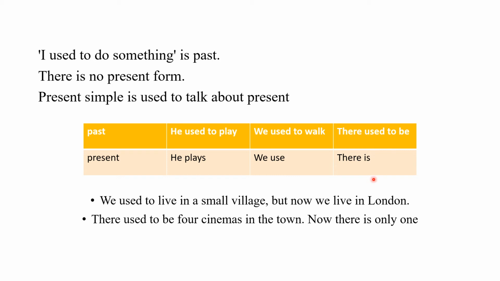Let's have this example. We used to live in a small village, which was a past condition, but now we live in London. Similarly, there used to be 4 cinemas in the town, but now there is only 1. So, for a present activity that is continued, accustomed or habitual, we use a present simple form instead of used to.